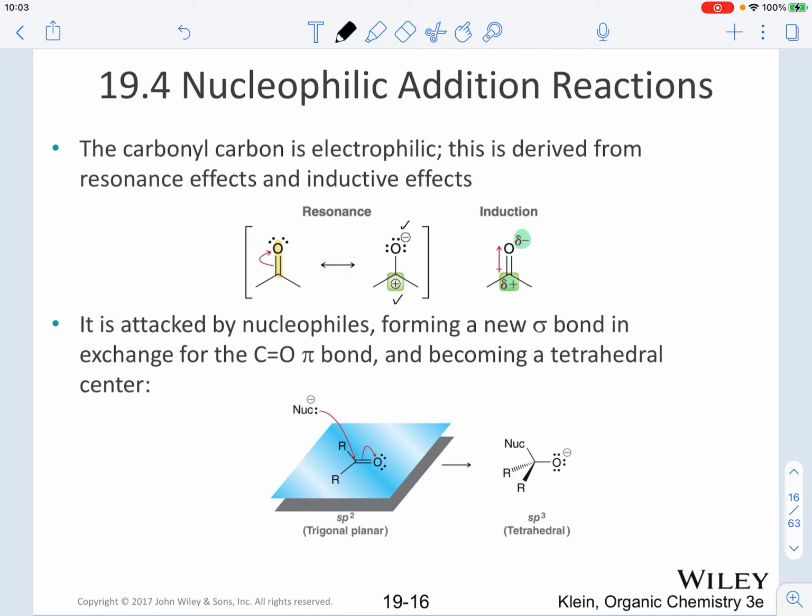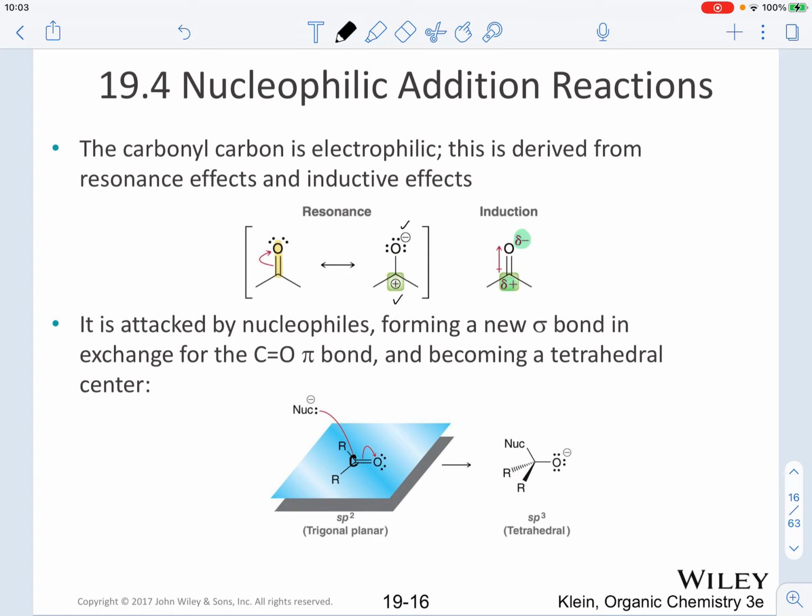That means that when it is attacked by nucleophiles, understand that the new sigma bond is going to be specifically attaching to the carbon atom, and I'm going to draw it into my carbonyl.